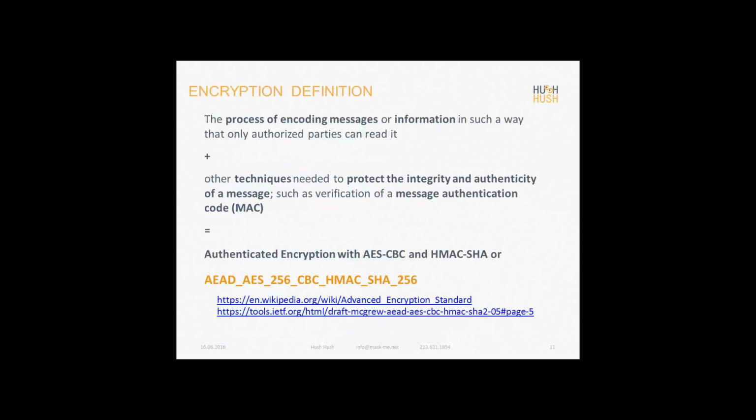But we don't stop with encryption only. We also introduce what we call authentication. Because encryption by itself only protects the confidentiality of messages, and other techniques are needed to protect integrity and authenticity of the message. And oftentimes we introduce verification of a message authentication code, or MAC.